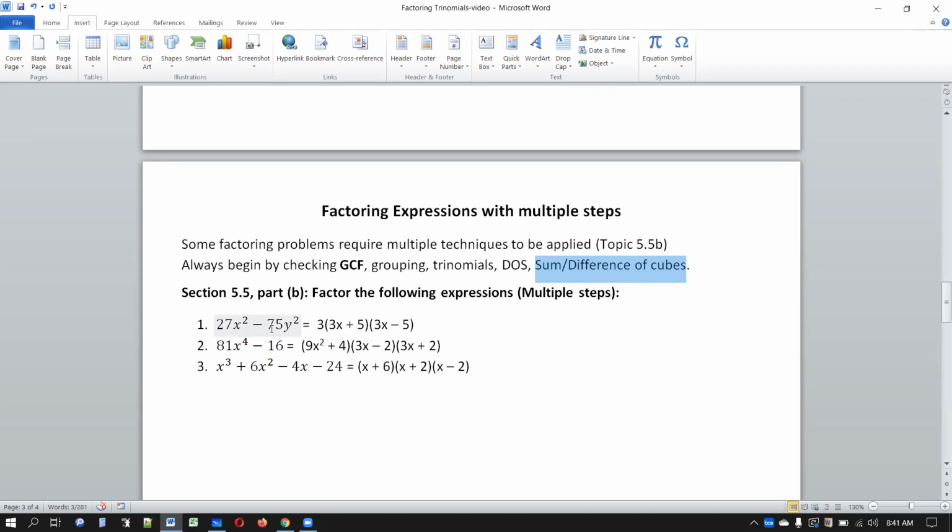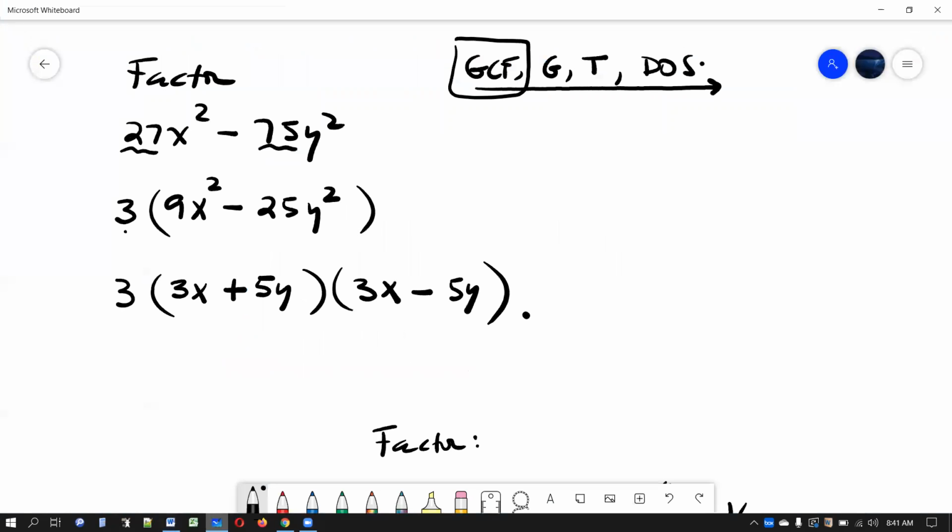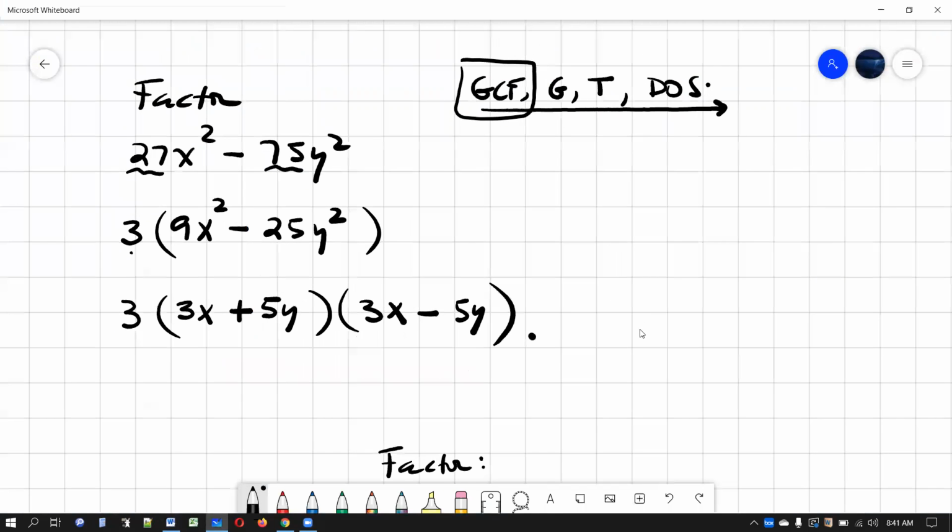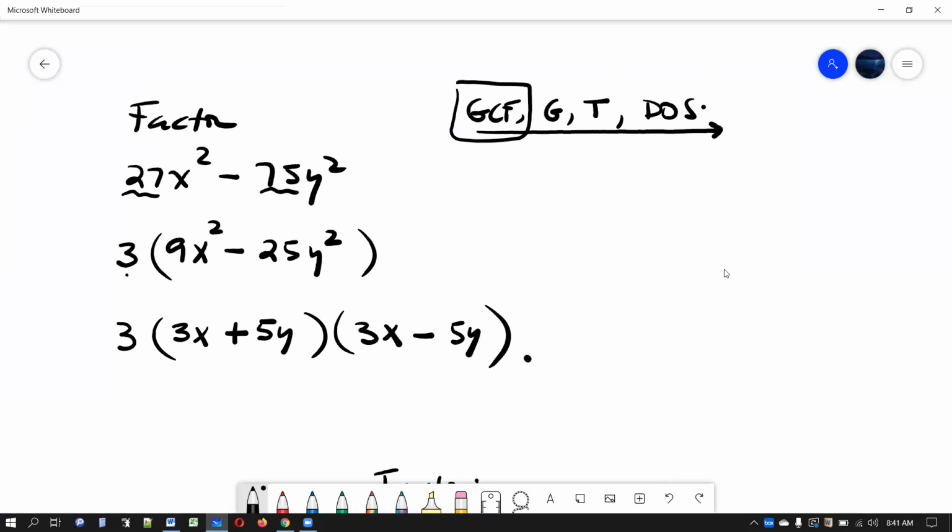So let's take a look at the first one, 27x squared minus 75y squared. I have some of these problems already worked out. Okay, so here's the problem, 27x squared minus 75y squared, and the techniques we have to check. And remember, the one that we must check first is greatest common factor.